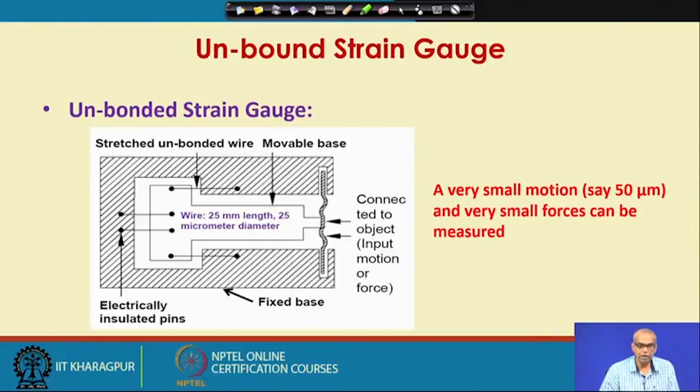The unbonded strain gauge consists of a set of electrical wires, strain gauge wires. Look at the diagram. You have a fixed base and you have a movable base.